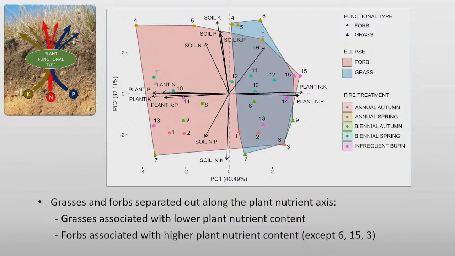And we know that forbs in this system have underground storage organs, and I would imagine that those facilitate a more constant supply of nutrients to the above ground biomass. What is a bit odd is that we have 3 plots where the grass and the forb content is pretty similar, and it's not one particular treatment, so we still need to look a bit more closely at that.